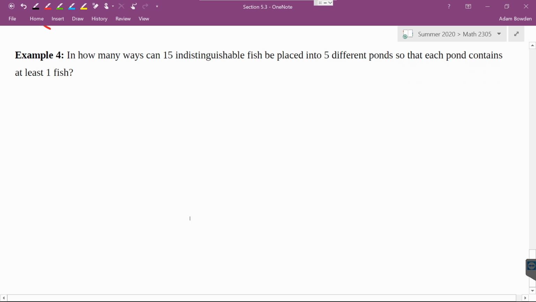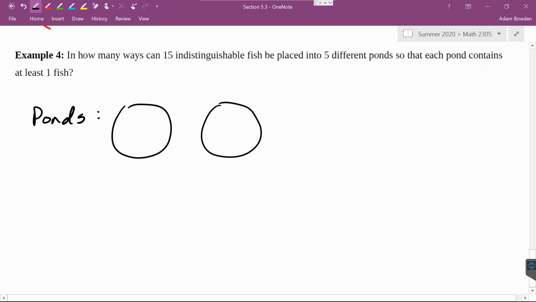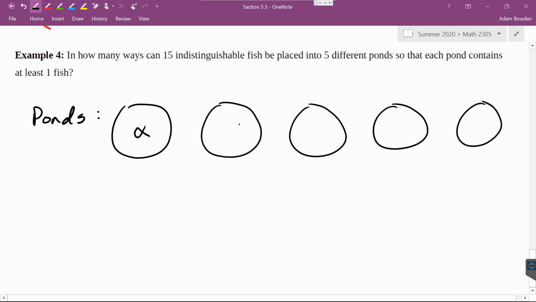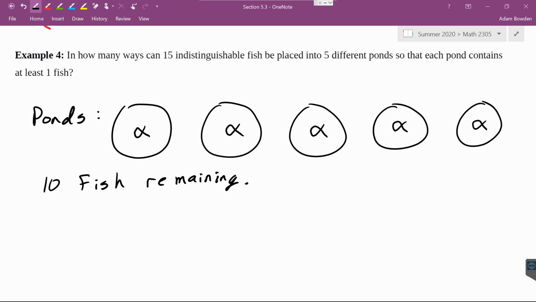Now, on example 4, it says, in how many ways can 15 indistinguishable fish be placed into 5 different ponds so that each pond contains at least 1 fish? So let me visualize this one a little bit. We have 5 ponds here. In each pond, we're going to put 1 fish. And so there will be 10 fish remaining. And so the remaining 10 fish can be placed into the ponds similar to what we did in the last example, actually.